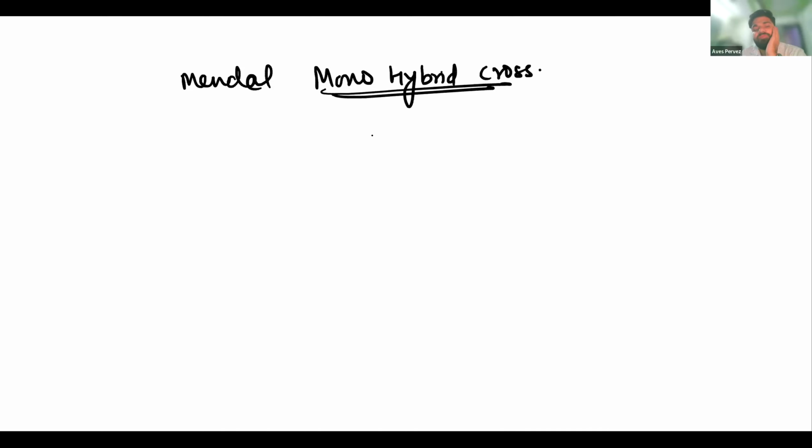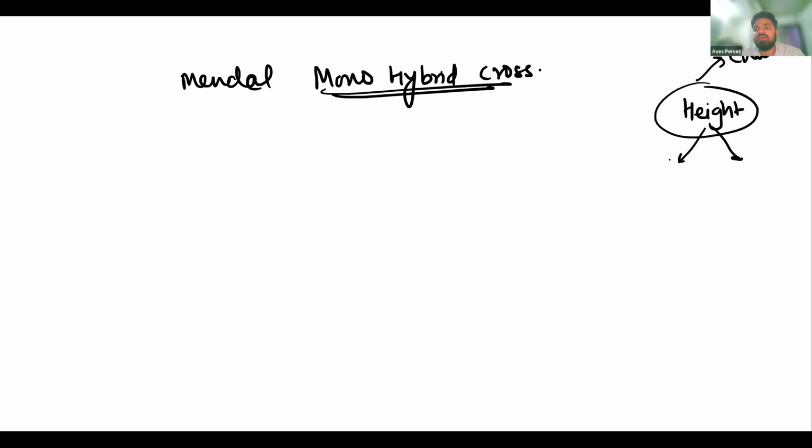Mono means single, so a monohybrid cross is the cross in which we study only one type of character. Each character has at least two traits; there can be many traits in a character. For example, height is a character, and we study two traits in it.